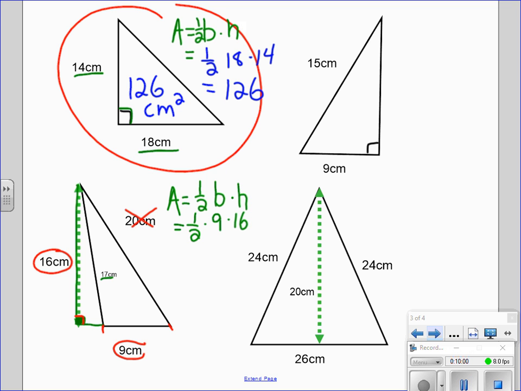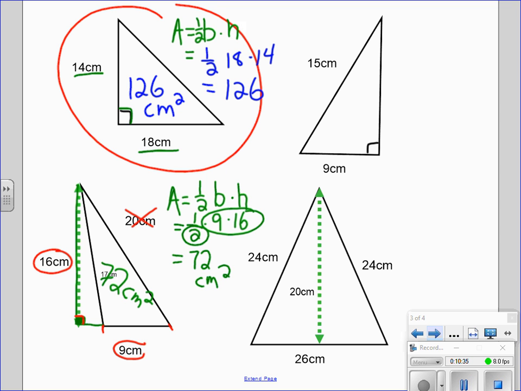Why do you keep asking me these ridiculous questions with huge numbers? Oh my goodness, it's 144. And then when I get to 144, if I simply divide it by 2, I get 72 centimeters squared. Oh my goodness, I am good. 72 centimeters squared. Wow. I never knew this.